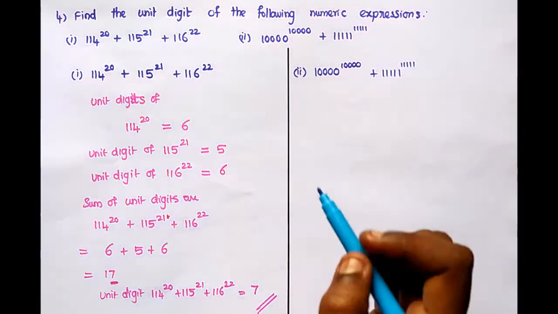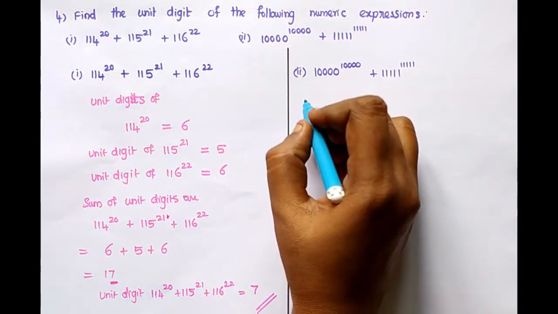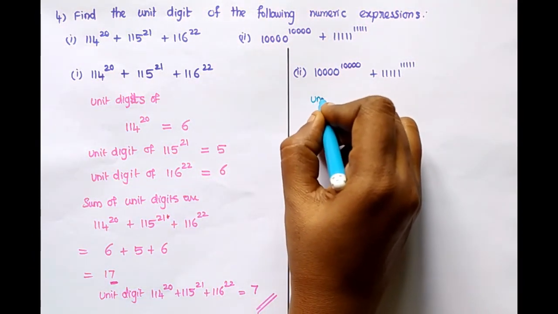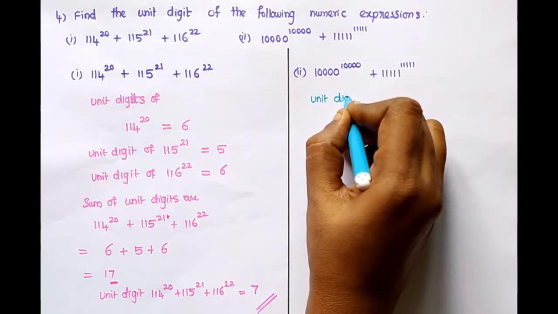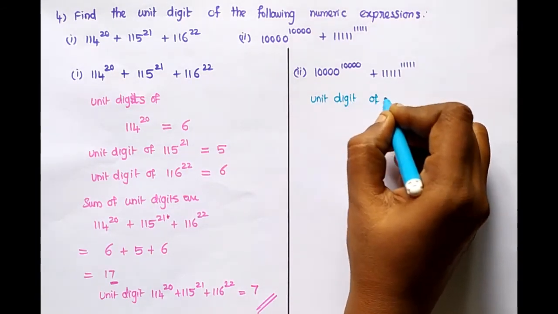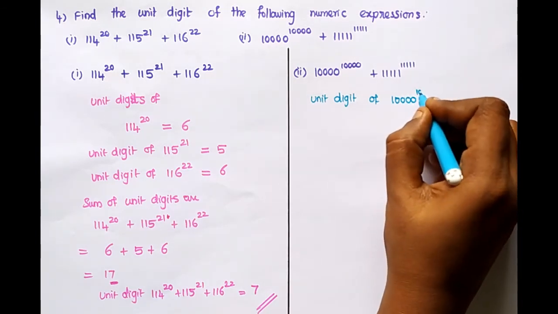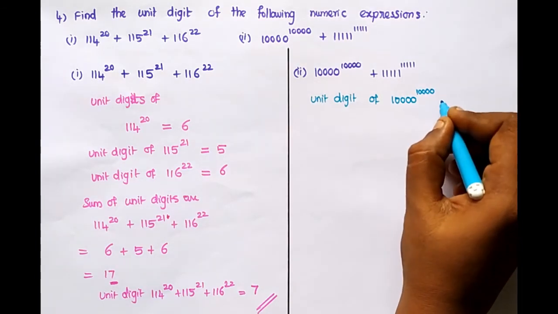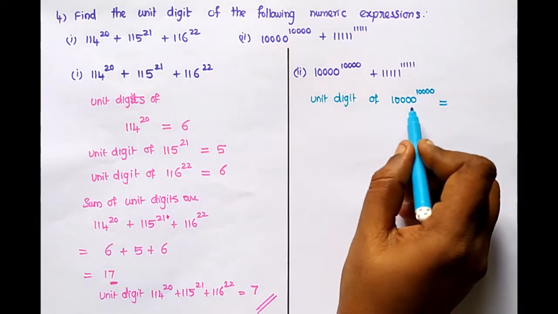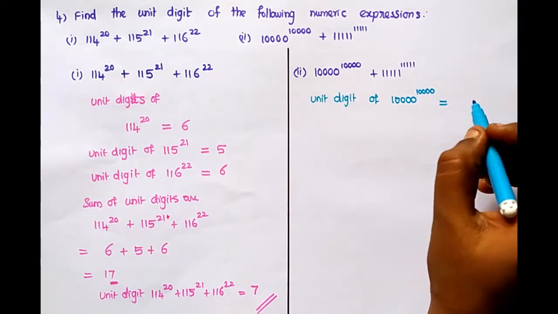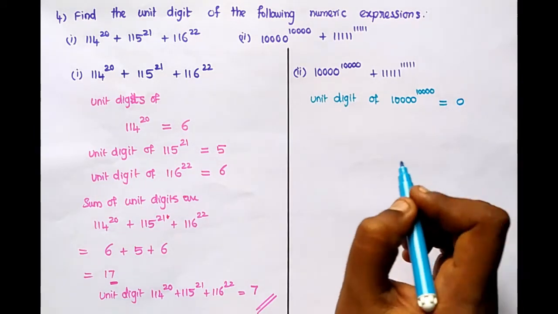Next one, unit digit of 10,000 power 10,000. The base unit digit is 0. So whatever the power, it ends with 0 only.